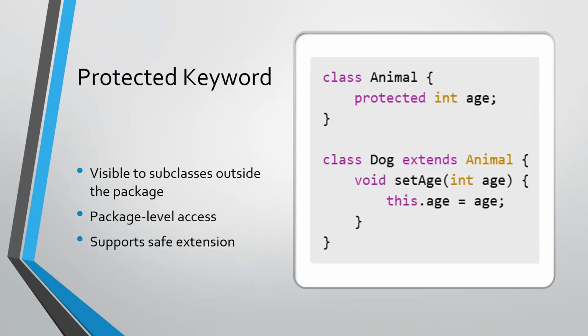However, that visibility in the child class outside the package is within the child class itself, as you can see here. This int age is a protected attribute. If this Dog is outside the package, it can still access this age variable, but it has to access it internally, through a setter.